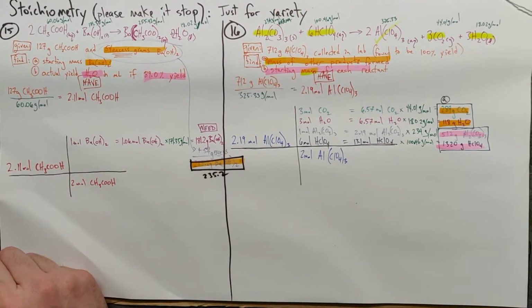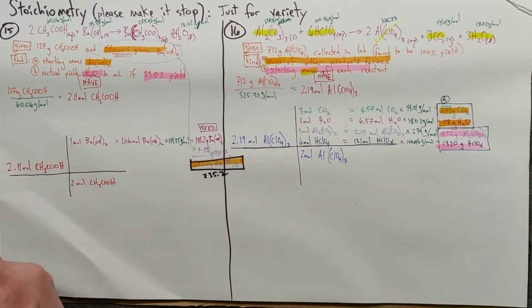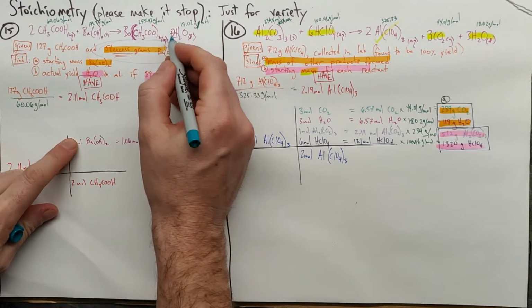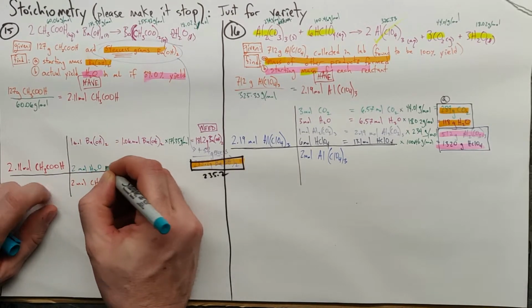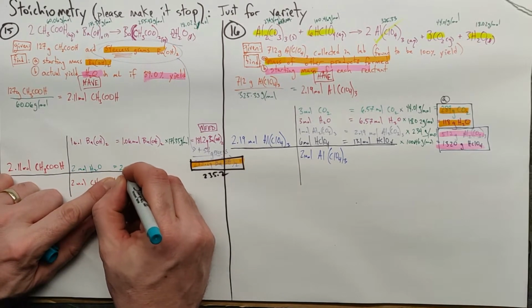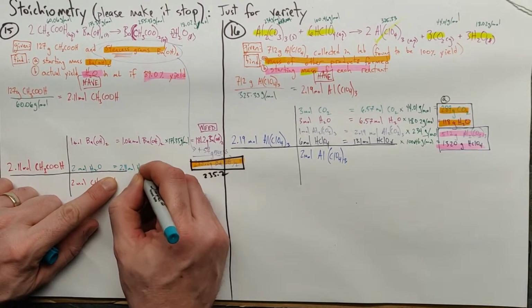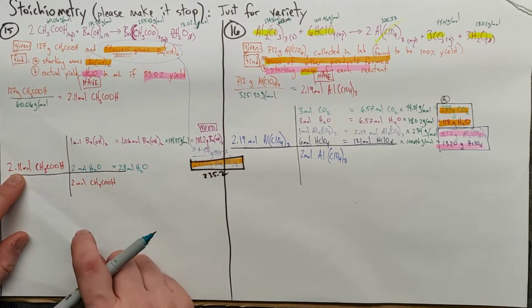As we look at our H2O, we can get a theoretical yield, and that theoretical yield is going to be based on the 2 moles of H2O. So we end up with 2.11 moles of H2O. This times 2 divided by 2.